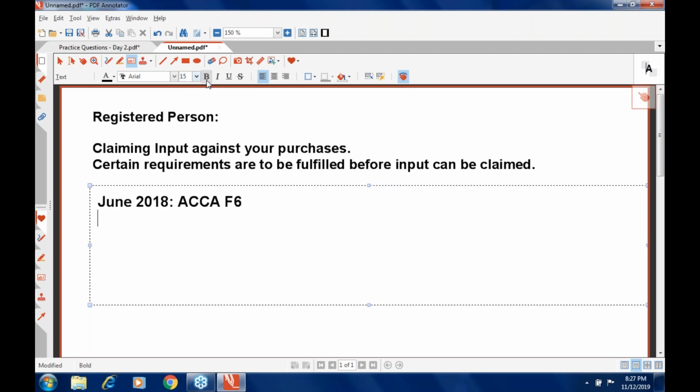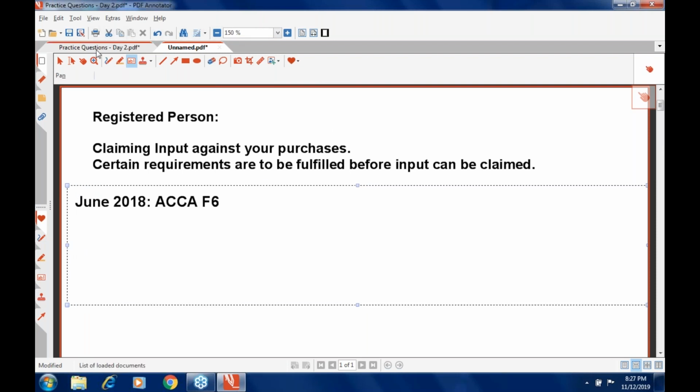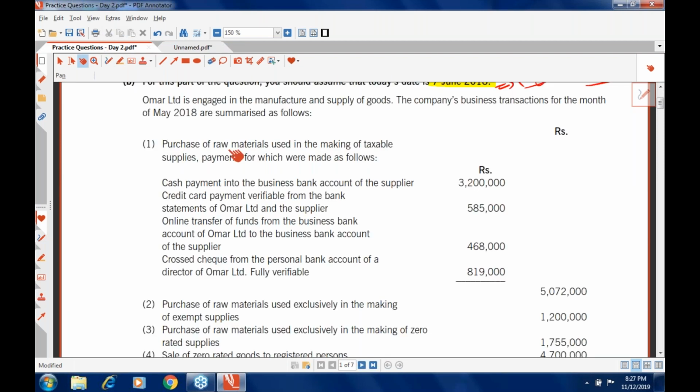So I'll keep on writing down the main points. Now let's try to see this. It says purchases of raw material used in making of taxable supplies, payments for which were made as follows. Number one, the cash payment into the business bank account of the supplier, 3.2 million.